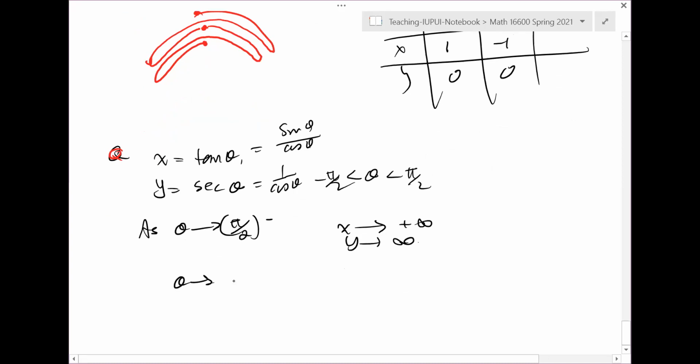So when theta approaches negative pi over 2 from the positive side, x, which is tangent theta, approaches negative infinity, and the y is still always positive.